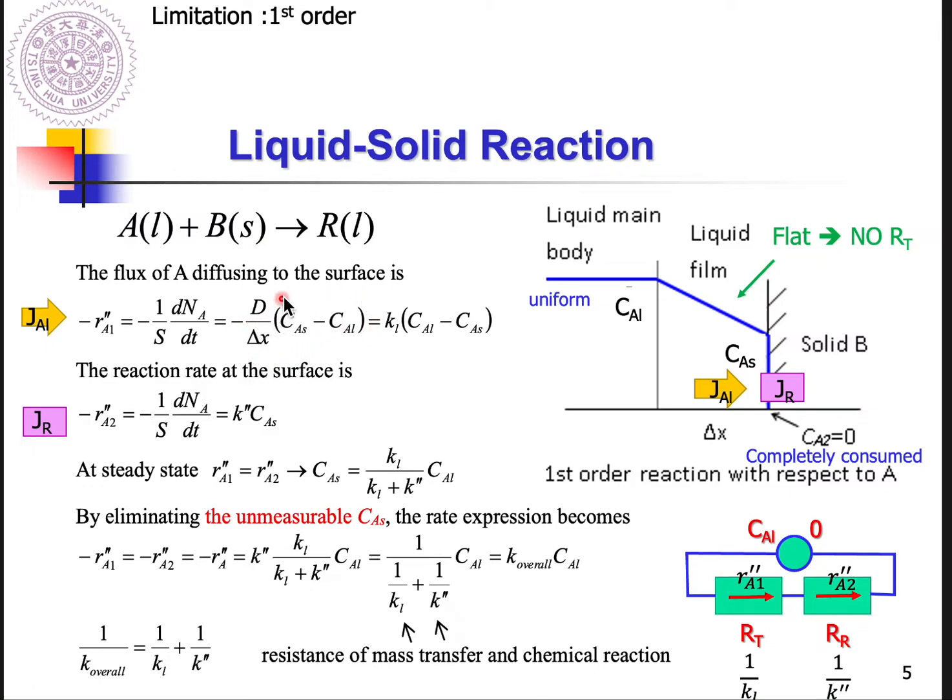The concentration gradient we use is CAS minus CAL over the thickness of the liquid film. Some people will also use diffusivity over delta X as a term we call KL, the transport coefficient of this liquid film layer. And this coefficient is related to the diffusivity.